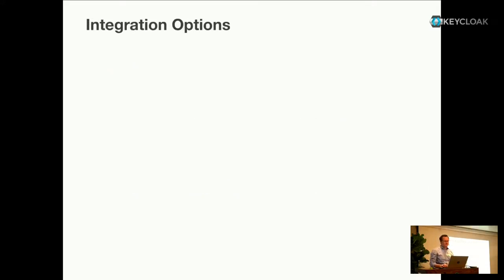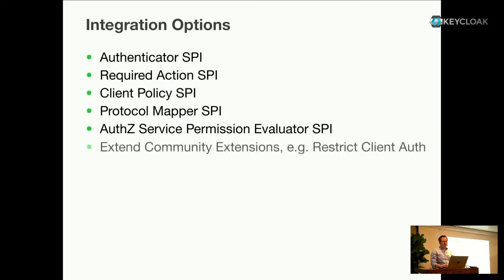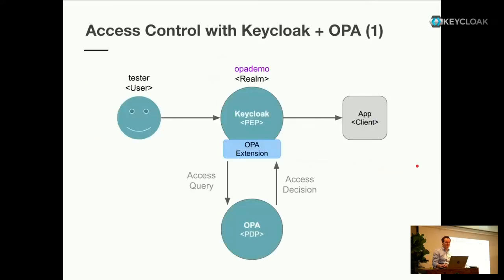So what are some integration options that we have here? Of course, we could leverage an authenticator, the Authenticator SPI, or we could write a required action, client policy, protocol mapper. We have many, many options. Or we can even extend existing community extensions like the restrict client auth extension and so on.